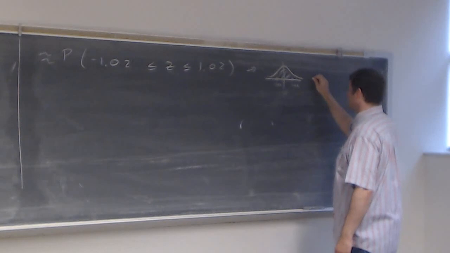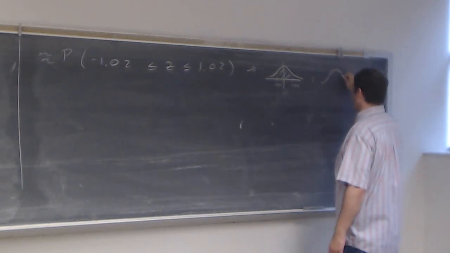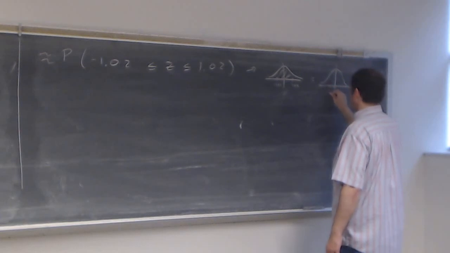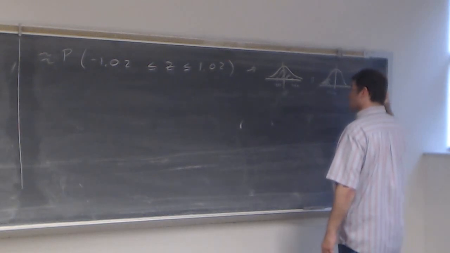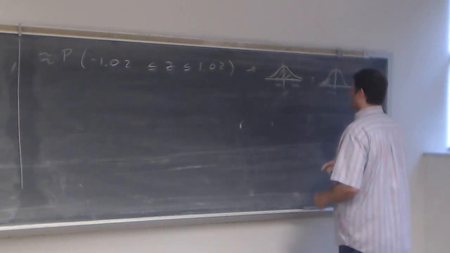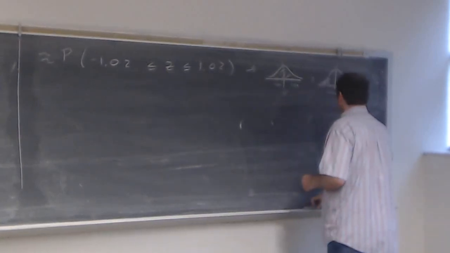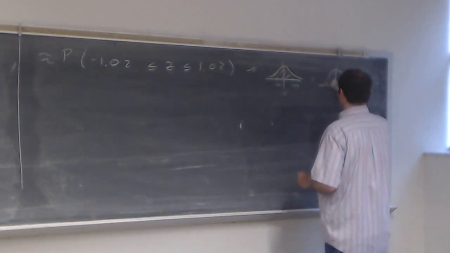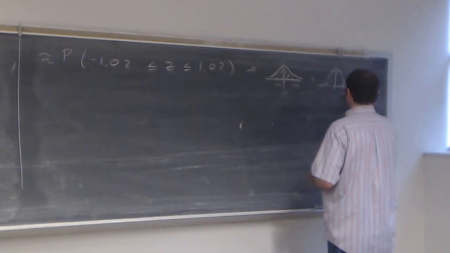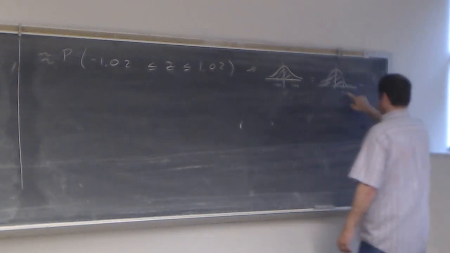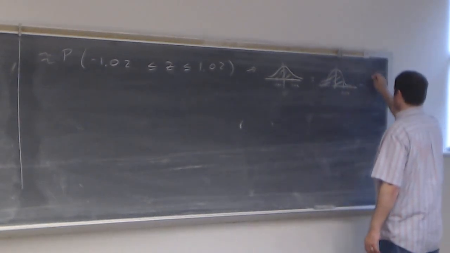So what I'll say is this is equal to this part, I did the wrong thing. It's this part, back forever, minus, which I do have in charts. Charts will give me this part.